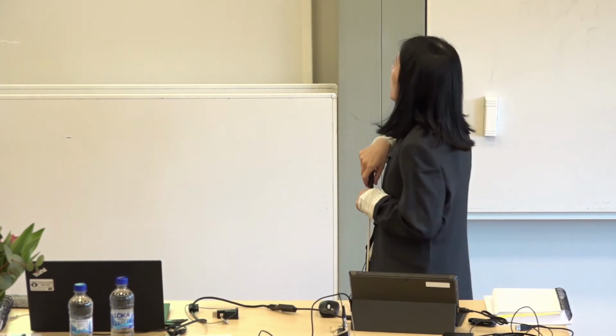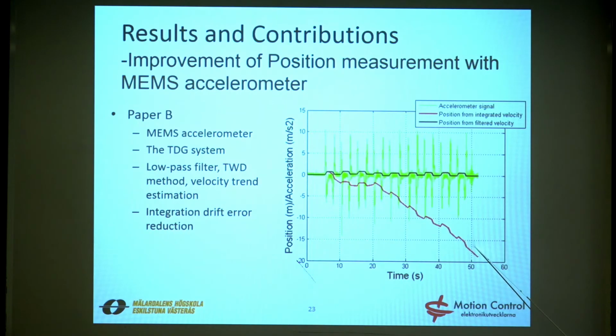The test was performed from a fixed point up to 1 meter, and then back to the fixed point. So the ideal curve should be a rectangular wave, and we can say without signal processing there's an integration drift, and this is the result of signal processing with a combination of low-pass filter, velocity trend estimation, and the TWD method.